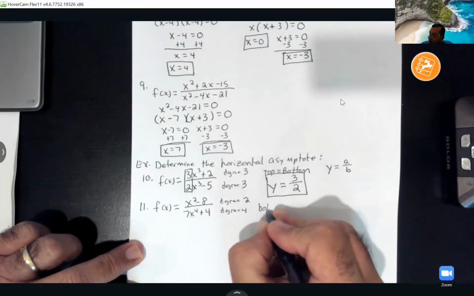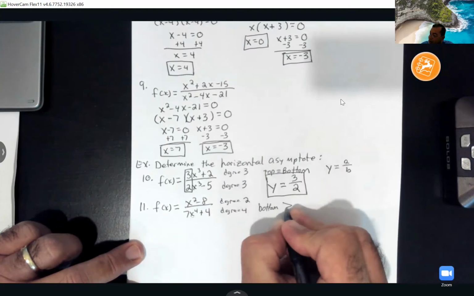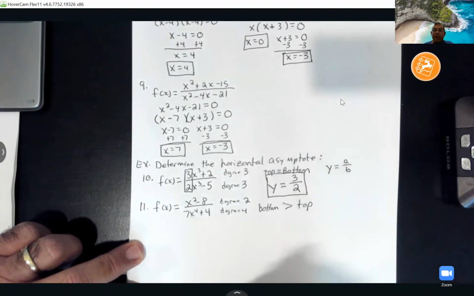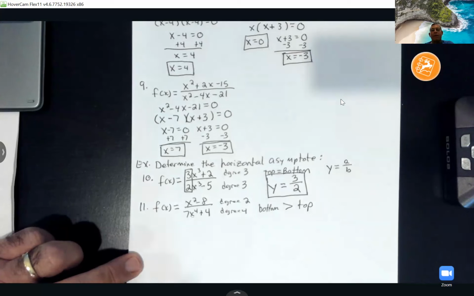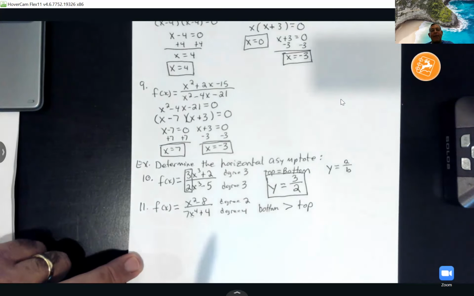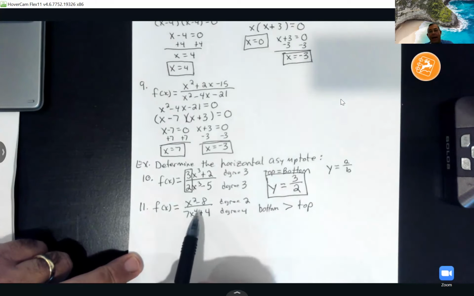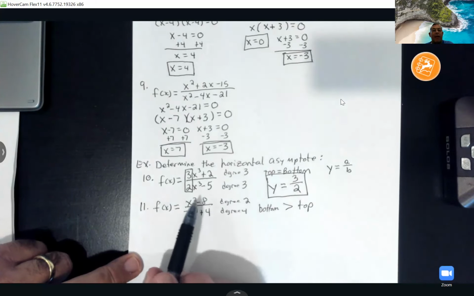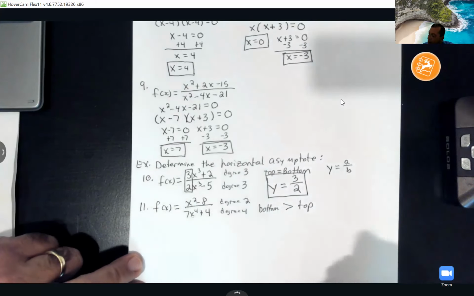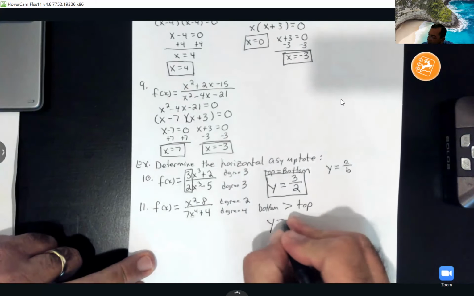So that means the bottom is greater than the top. So y'all, what did we say about those cases when the bottom had higher exponents than the top? Y equals 0, perfect.